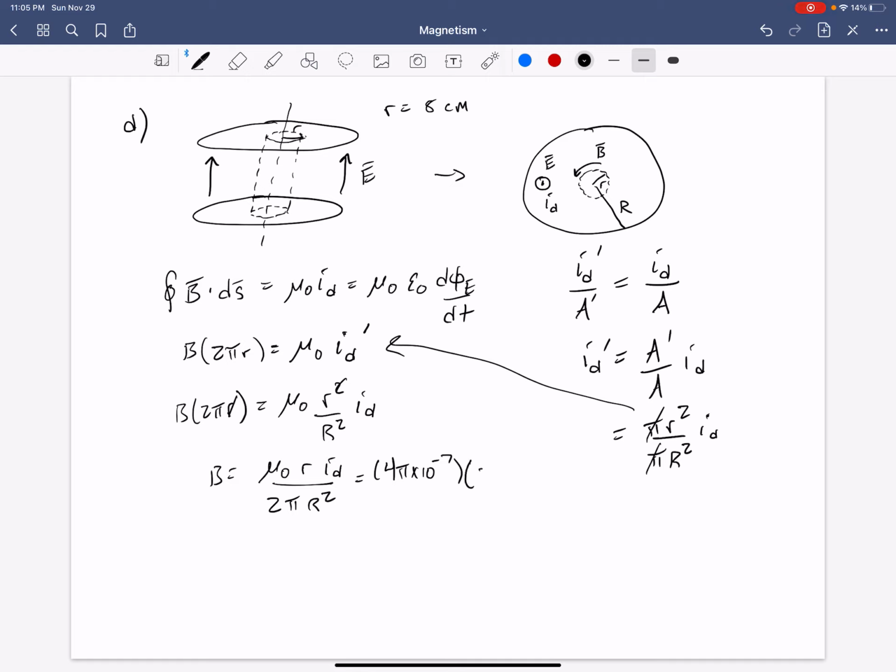Little r was 8 centimeters or 0.08 meters. Displacement current was our 9.1 times 10 to the minus 6 amps divided by 2 pi. Capital R was 29 centimeters, so 0.29 squared. And after all this, we should get a value of 1.7 times 10 to the minus 12. The units, Tesla.